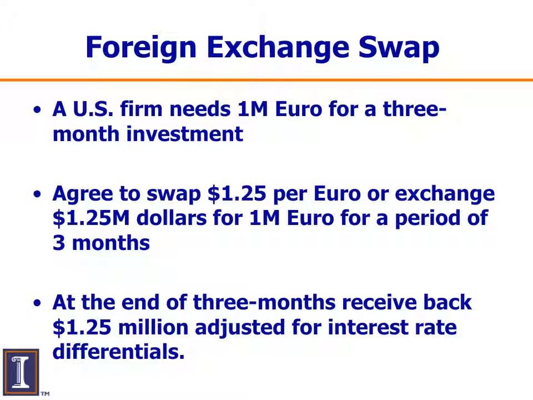You could have more firms involved in this, so there could be multiple parties involved in the swap. But this just gives an example: one case, a U.S. firm needs money for a while, and they agree on this sort of swap relationship.